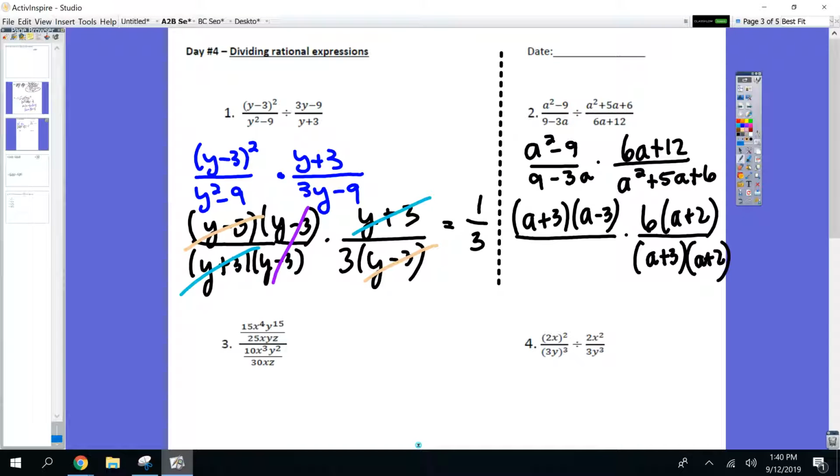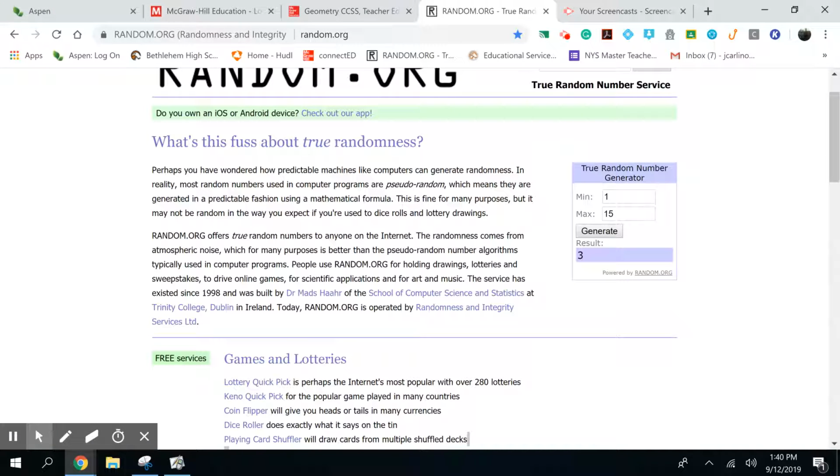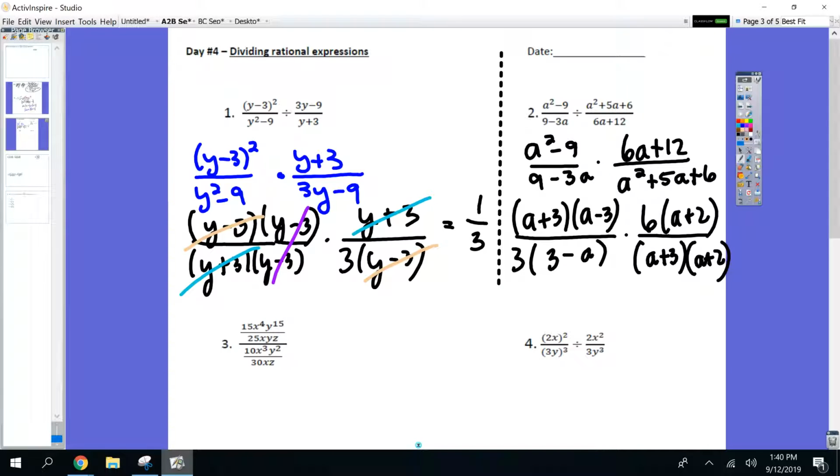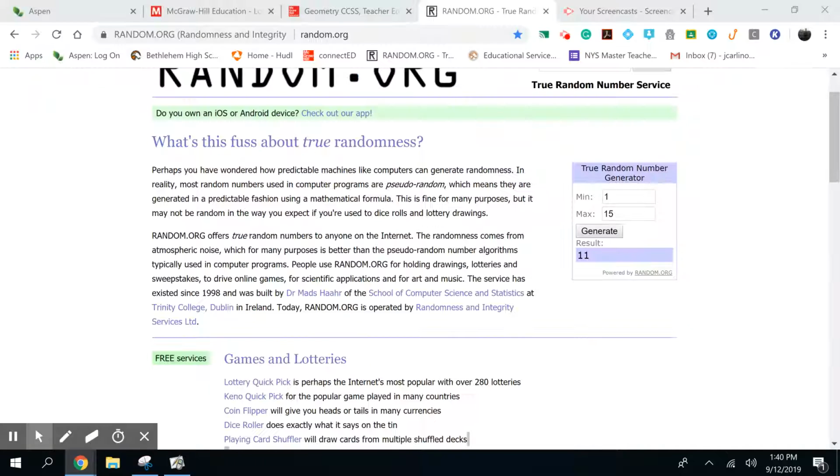Yep. Cross out. 11. We're going to cross out the a plus 2s. Okay. Next up.